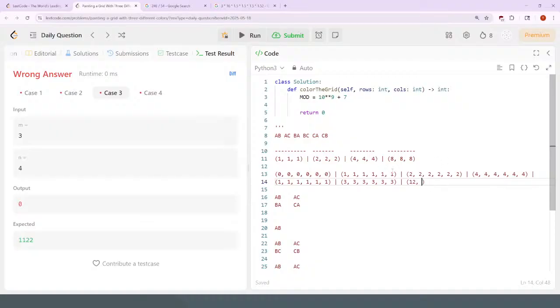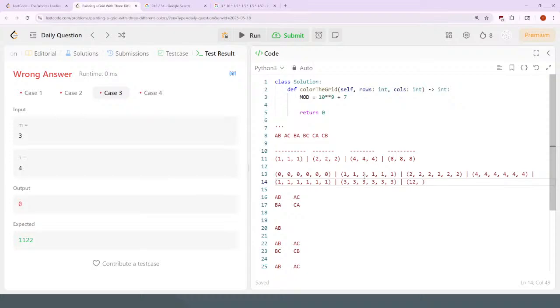No, it cannot be B here. So starting with AC, A then C, could be BA or CA.